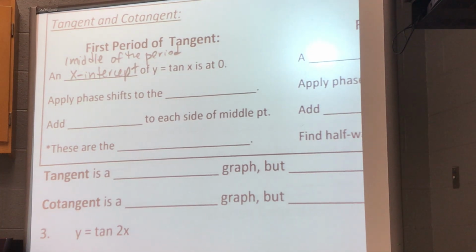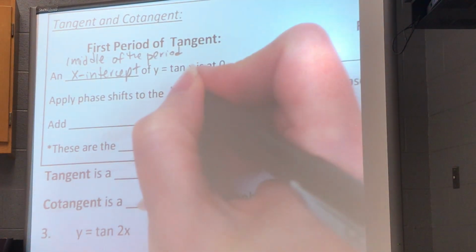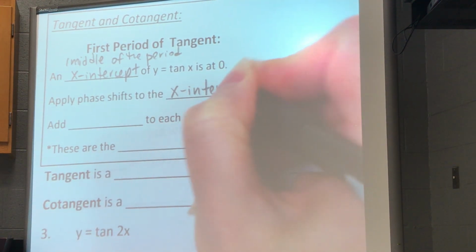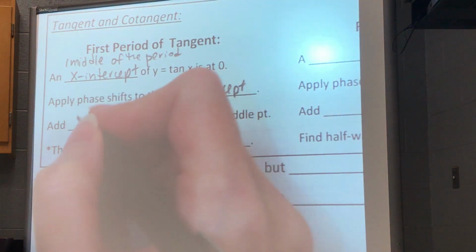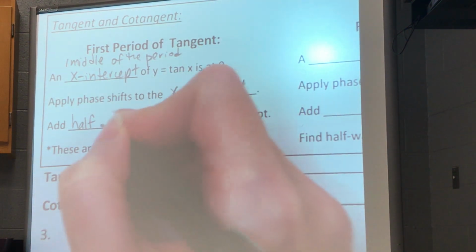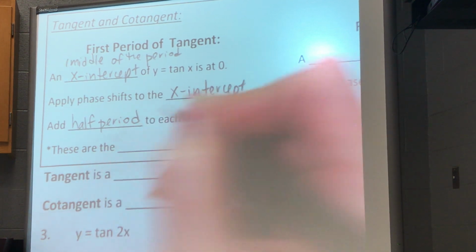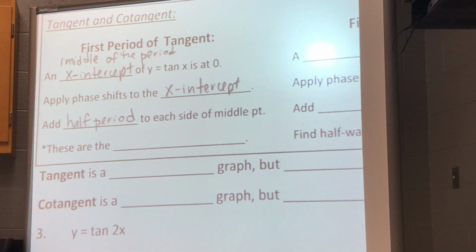All right, so we're going to apply the phase shifts to the x-intercept. And then that's going to be the middle. So to get the starting and the end, what you do is you add half a period to each side of the middle point to get your starting and your end points.